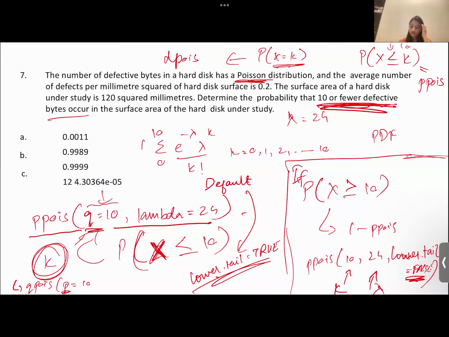When you want to calculate such things, you use P pois. And Q pois is when you want to do a quantile, which means the exact value, and you want to see at what value your probability is so and so.